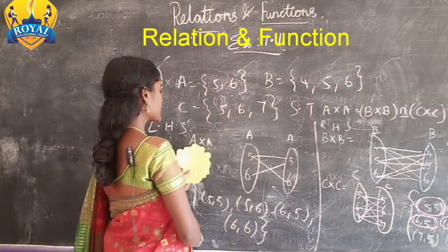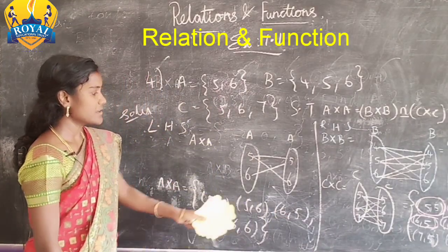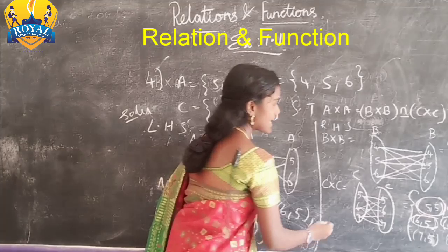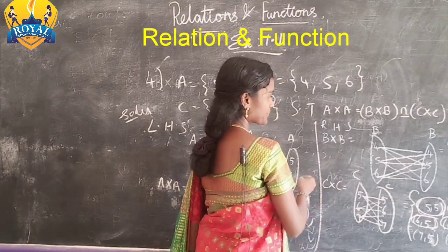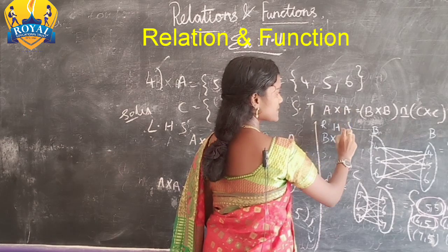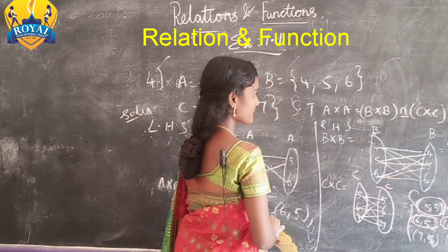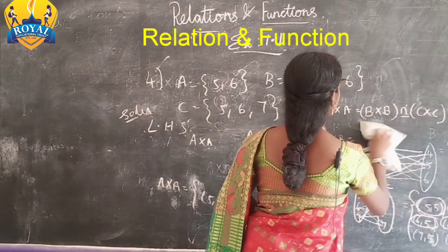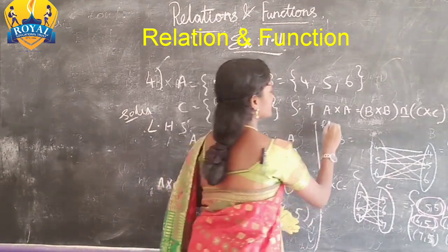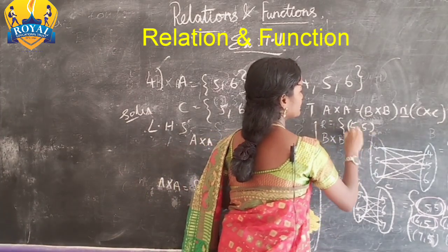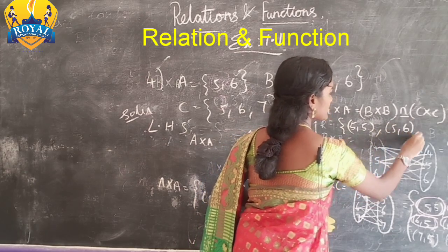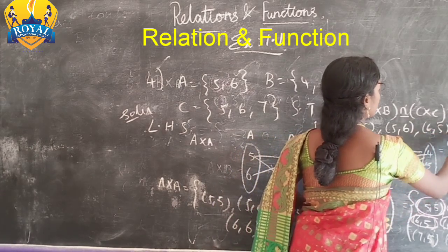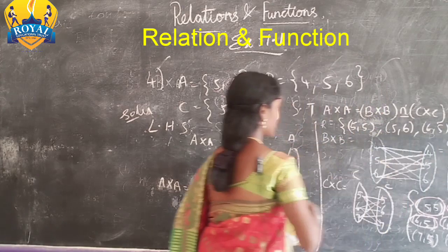The answer of the left hand side A cross A is 5 comma 5, 5 comma 6, 6 comma 5, 6 comma 6. The answer of the right hand side is 5 comma 5, 5 comma 6, 6 comma 5, 6 comma 6.